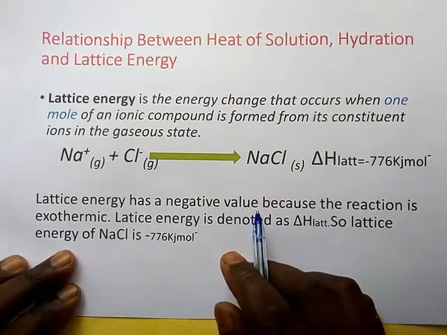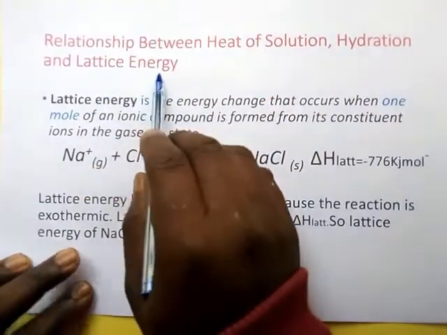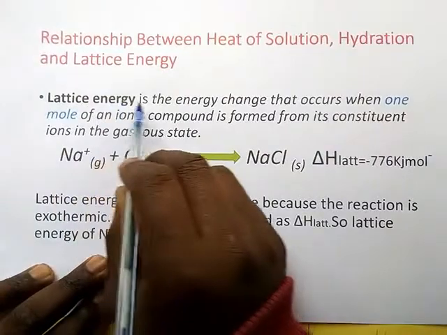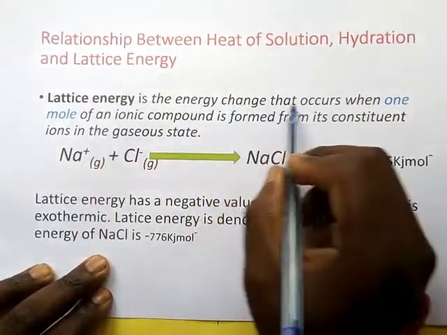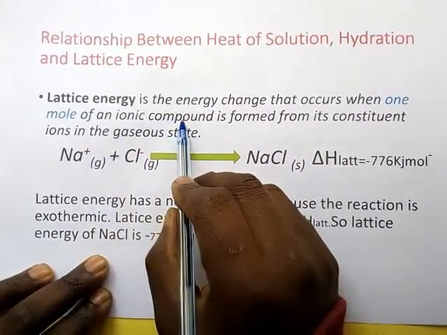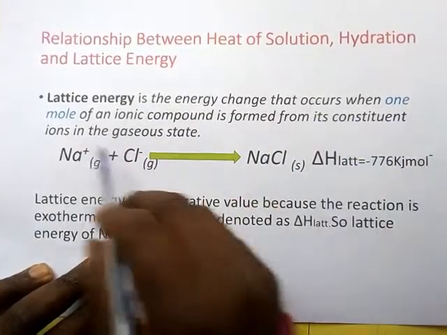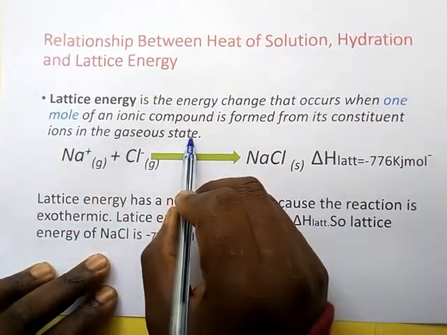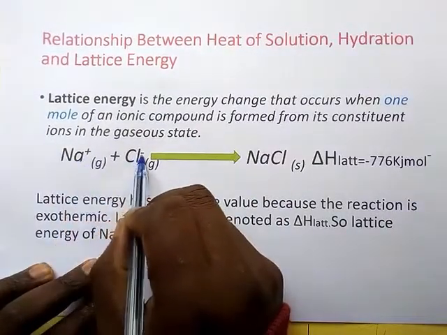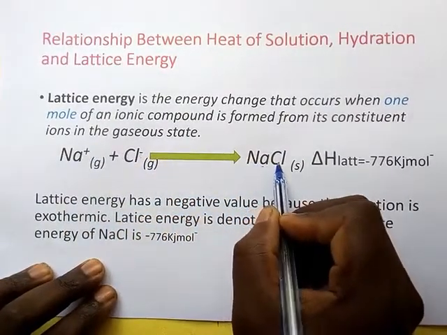Back to our business of the day, the relationship between heat of solution, hydration, and lattice energy. So let us define what lattice energy is. Lattice energy is the energy change that occurs when 1 mole of an ionic compound is formed from its constituent ions in gaseous form. This is an ion plus another ion forming sodium chloride.